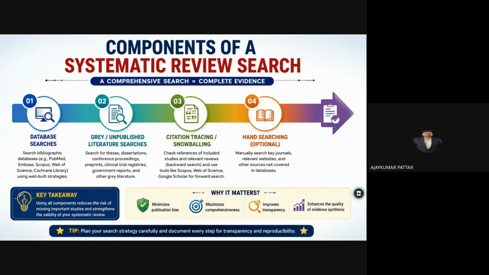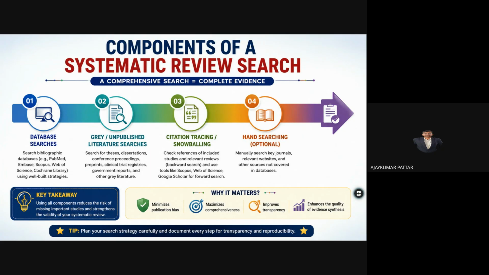First, we should go with the database searches. Then we will go for the gray or unpublished research. Then we will use citation tracing or snowball tracing. Then hand searching is also advisable. But in modern science, generally people go with databases and registries.